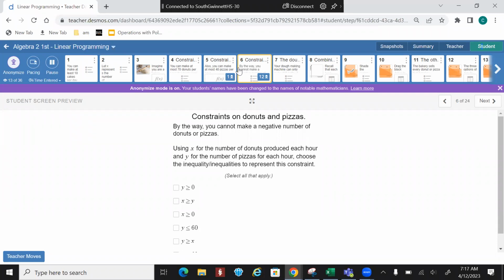Like we could just be making donuts. So we're going to say x is greater than or equal to 0 because it cannot be negative. Y is greater than or equal to 0, cannot be negative. So you should have picked that first one and that third one. Okay.